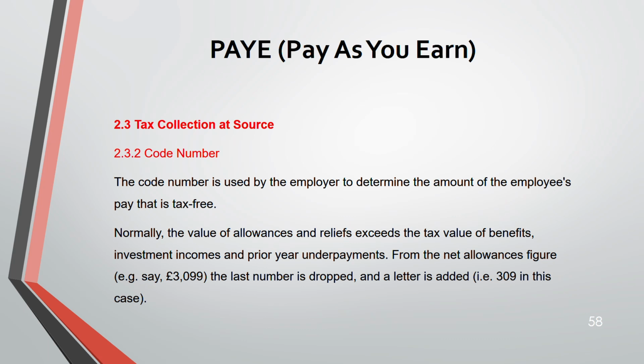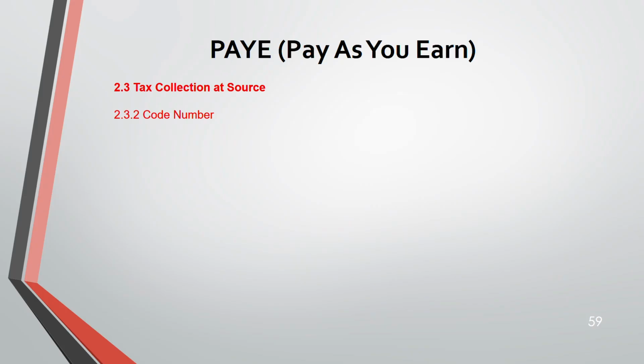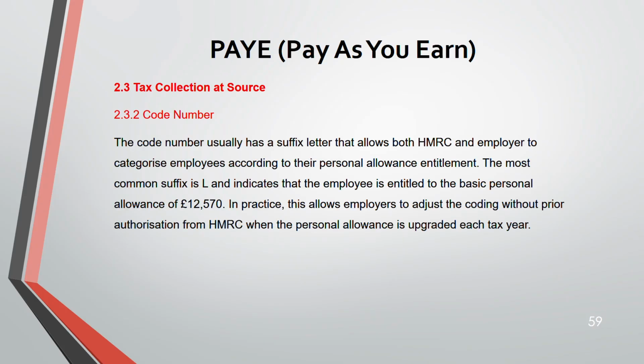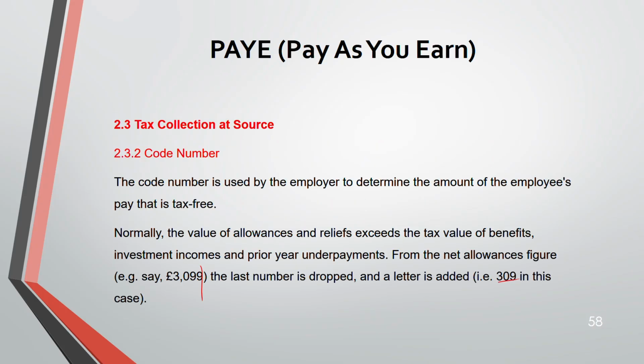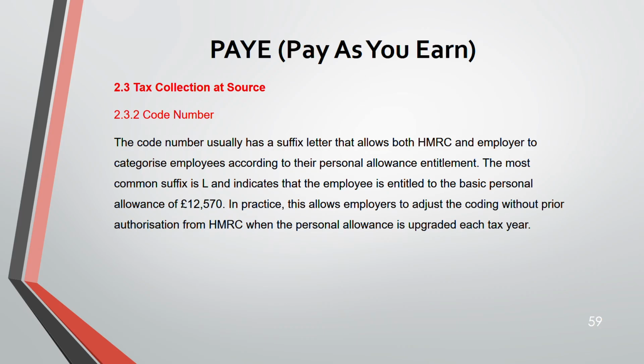So from 3099, if we drop the last number, that is the 9 cut off, we are left with 309. With this, now we'll add a letter. Okay, so that is your code number. Now, this code number usually has a suffix letter that allows both HMRC and the employer to categorize their employees according to the personal allowance.